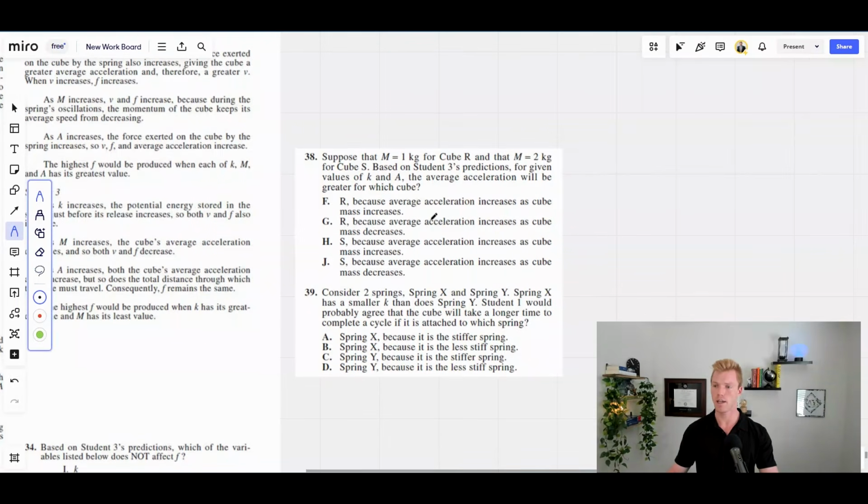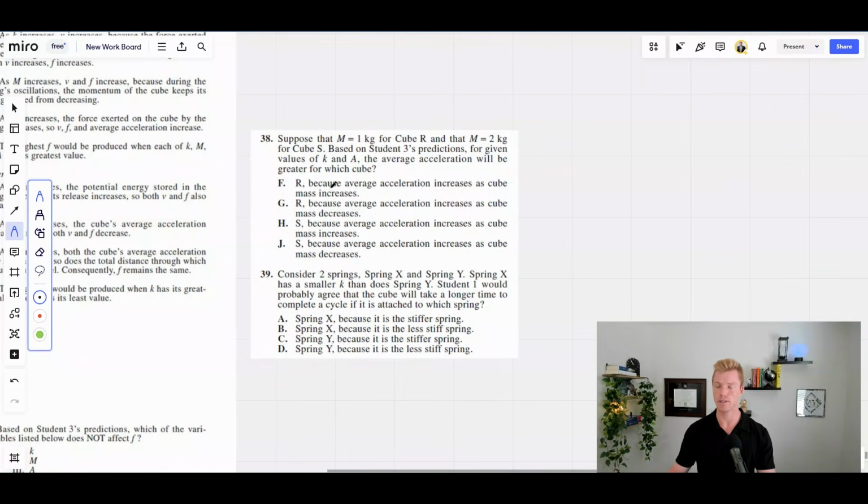What I'm going to do first is look at the answer choices and specifically look at the reasoning why it's either R or S. So it says because average acceleration increases as cube mass increases, or acceleration increases as mass decreases. Or now for H and J, acceleration increases as mass increases, acceleration increases as mass decreases.